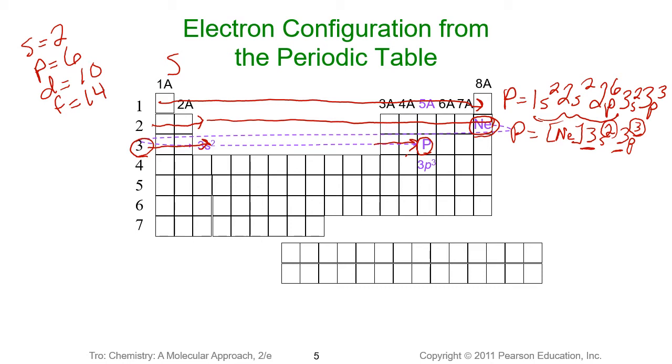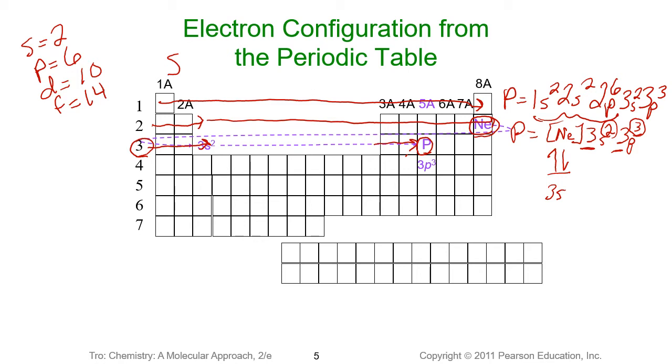To draw our orbital diagram, s orbitals always have one line. And if we're writing the short orbital diagram, again, just starting at the noble gas, our 3s orbital is completely filled, so we would have 2 electrons in it.